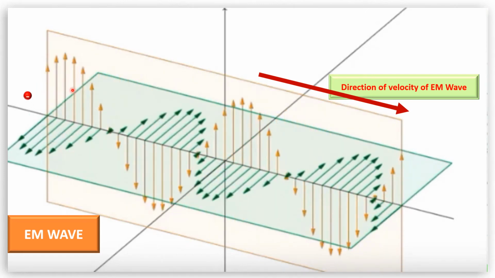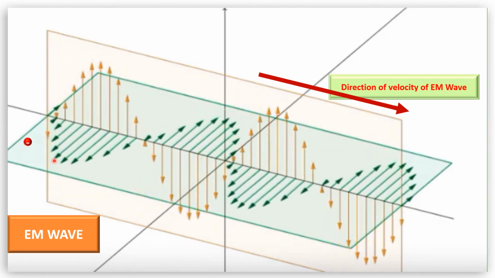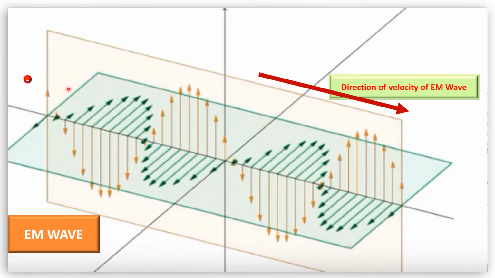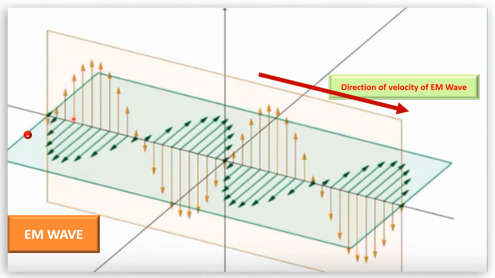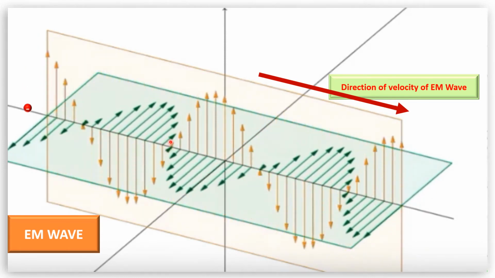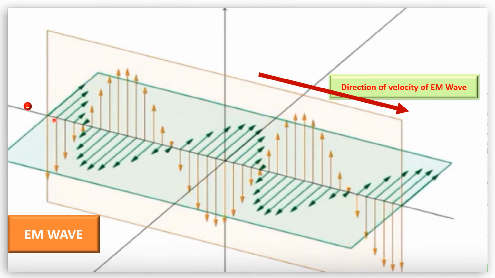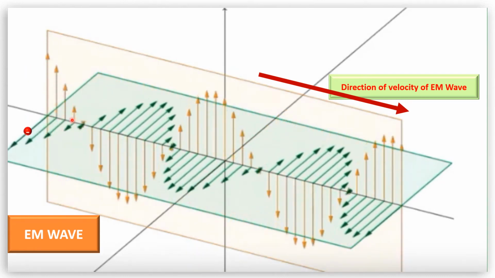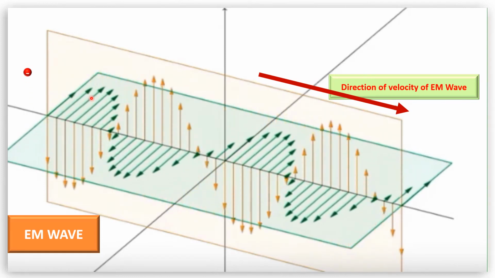So here electric field and magnetic field both are changing perpendicular to one another, whereas electromagnetic wave is moving perpendicular to the direction of both. The wave is moving like this, but these two are changing perpendicular to one another.